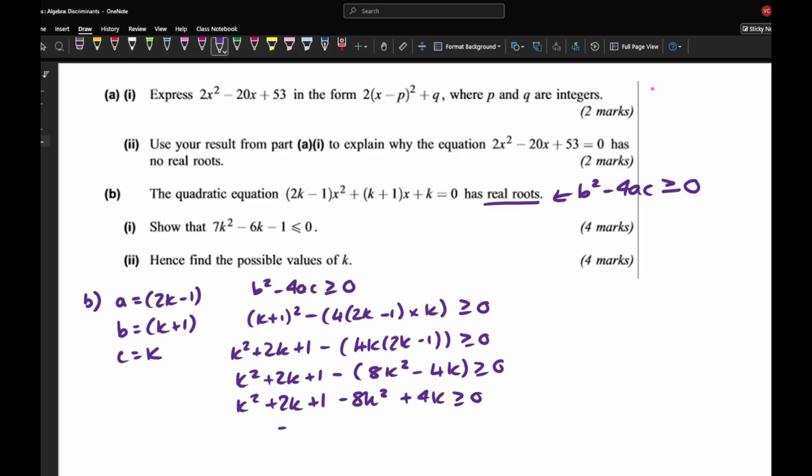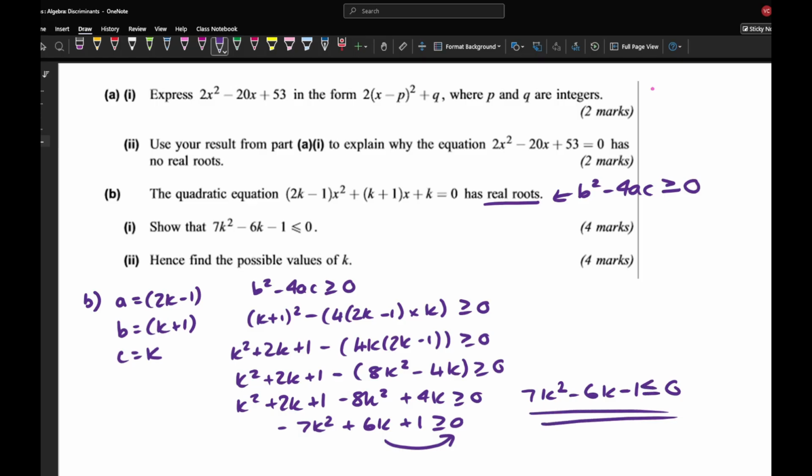Simplifying all of this, we get minus 7k squared plus 6k plus 1 is greater or equal to 0. Then if I take all of that over to this side, I end up with 7k squared minus 6k minus 1 is less than or equal to 0, and the inequality is pointing at the 0 at the expression. So here is going to be my answer for A(i).